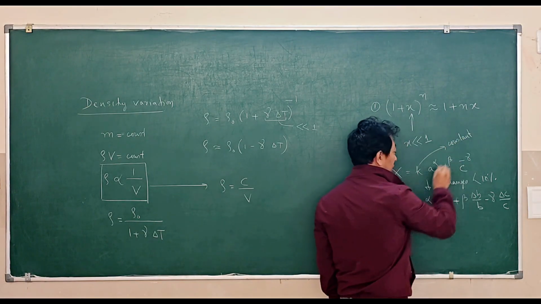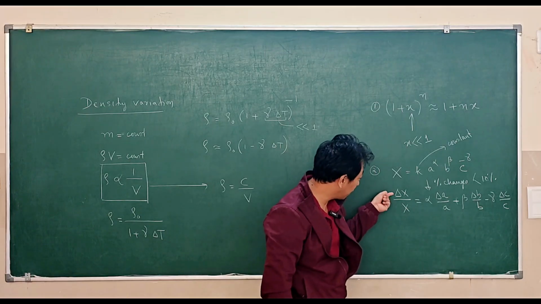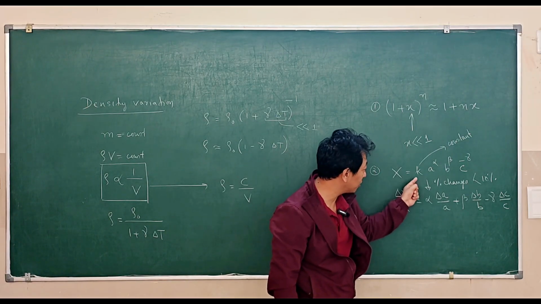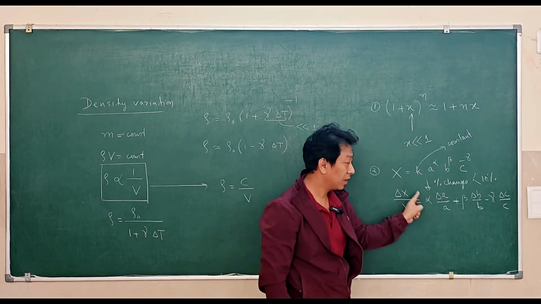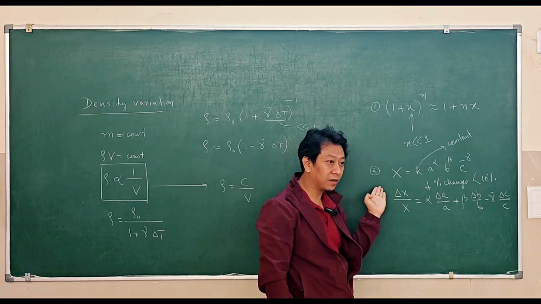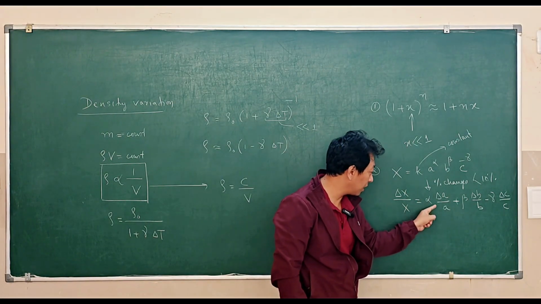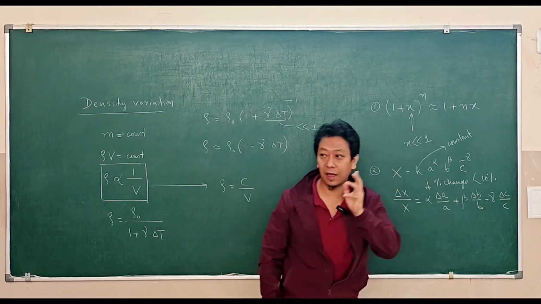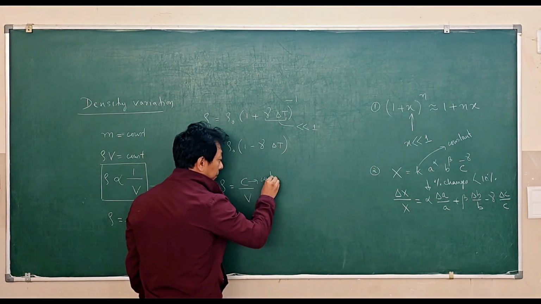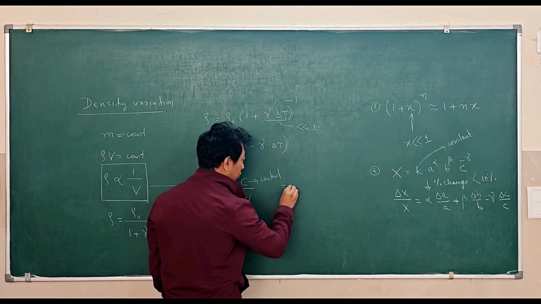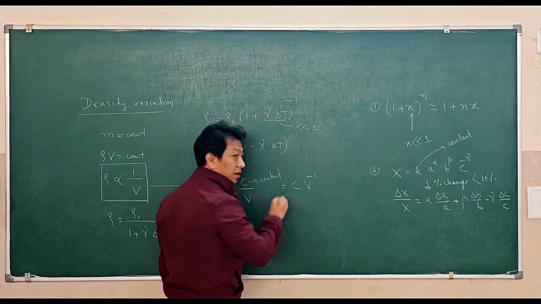Because when you take the ratio, k will cancel. X will also have k, and delta x, k will come outside because k is constant. So k here, k here, k here, cancel. Similarly, because this is constant, density is equal to constant into V to the power minus 1.